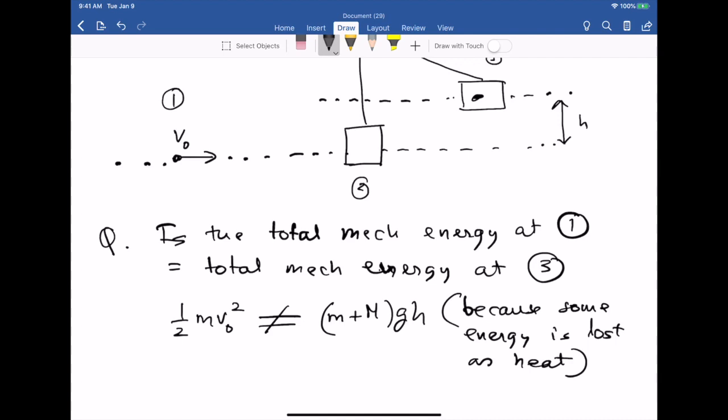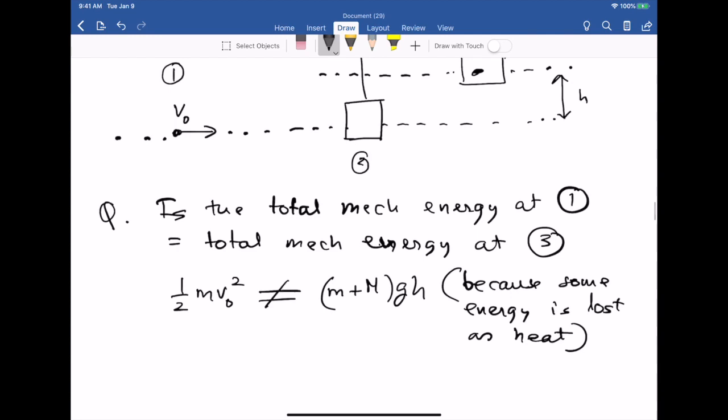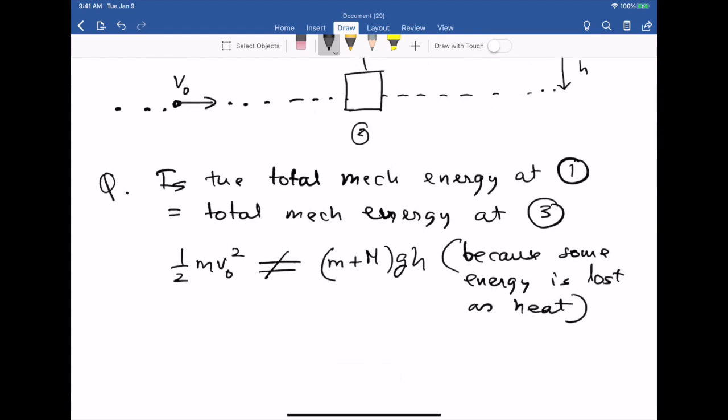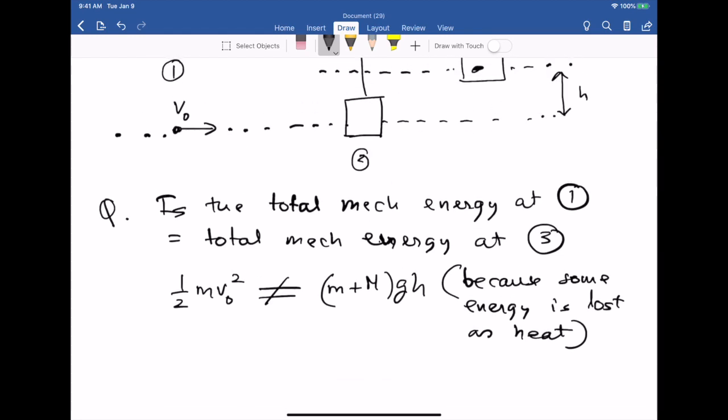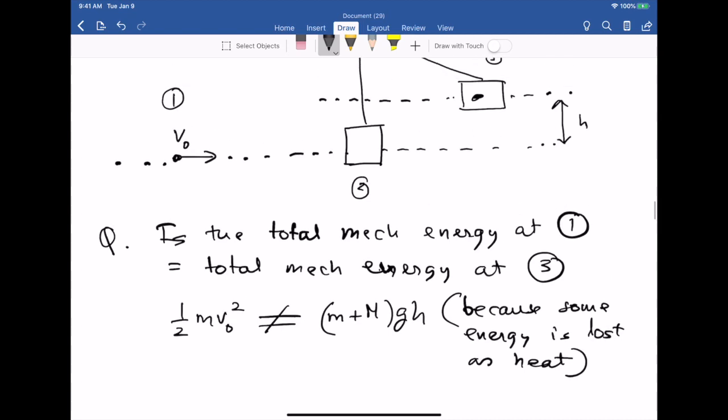So how would you solve the problem then? What you can do is, let's say that the velocity of the bullet and the block right after the collision is capital V. So let me just draw a velocity vector here. Capital V is the velocity of the bullet and the block right after the collision, right?